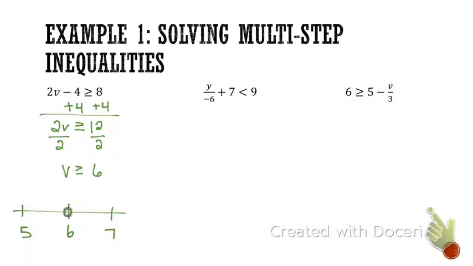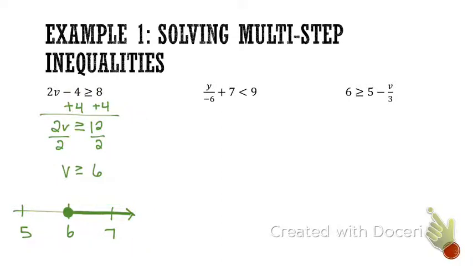That should have a closed dot with an arrow going to the right. Okay, a closed dot with an arrow going to the right, showing that all solutions are greater than or equal to 6. If I were to plug in a 7 back up here, it would make the inequality true.